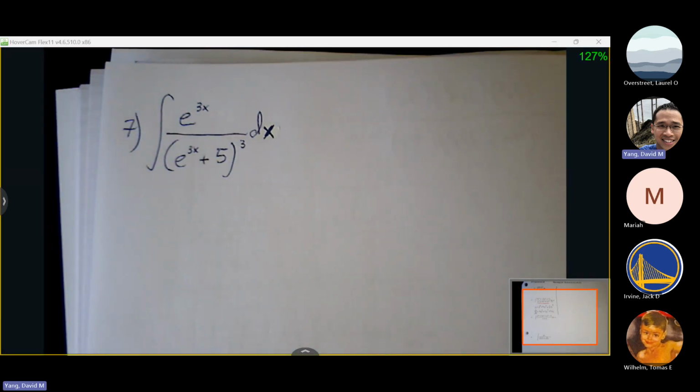Okay, too many terms in the denominator, right? We can't split this up into individual fractions. We have to think about u substitution. What could be our u value? E to the 3x. Yeah.